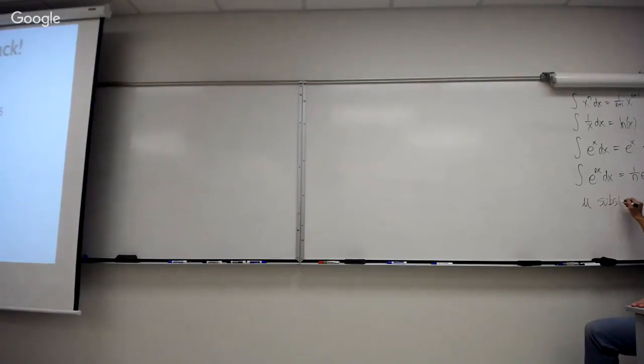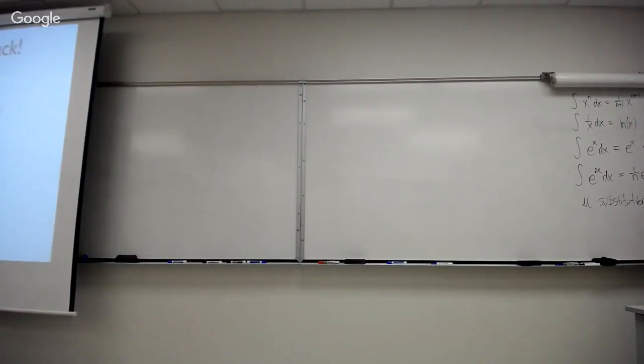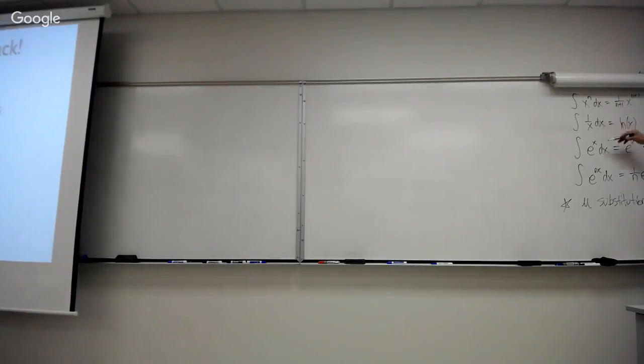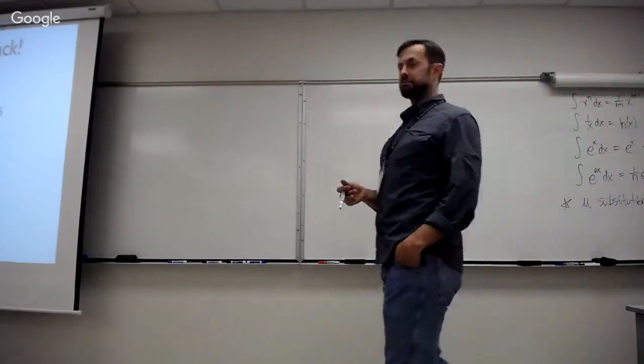So that's it. This is what we have so far. These are the only integrals that we know how to take. And this last one is incredibly diverse because we're allowed to take a whole bunch of integrals that don't look like these 4, and we're still able to do them by translating the integral into the substitute variable u and then integrating that.